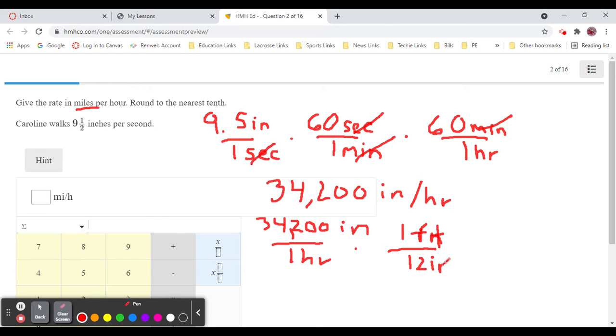So what does this mean I'm going to do? I'm going to take this number and divide by 12, and that's going to give me feet. Then how many feet are in a mile? There are 5,280 feet in 1 mile.